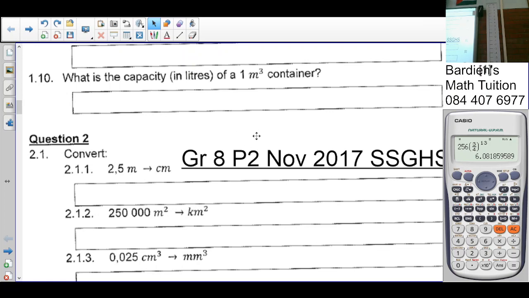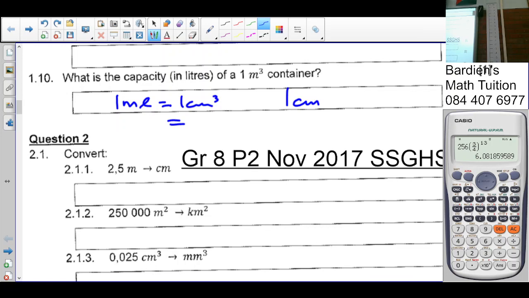Then, what is the capacity in liters of 1 meter cube? In liters, 1,000, isn't it? Let's check. We know that 1 milliliter is equal to 1 centimeter cube. That's a golden rule. Don't forget. Then 1 meter cube.